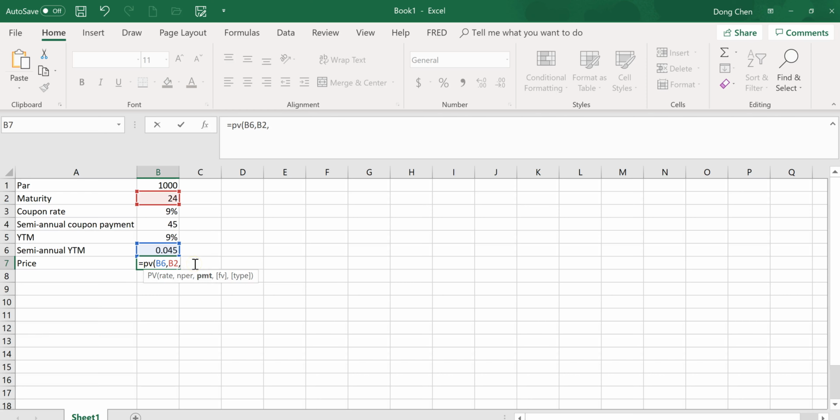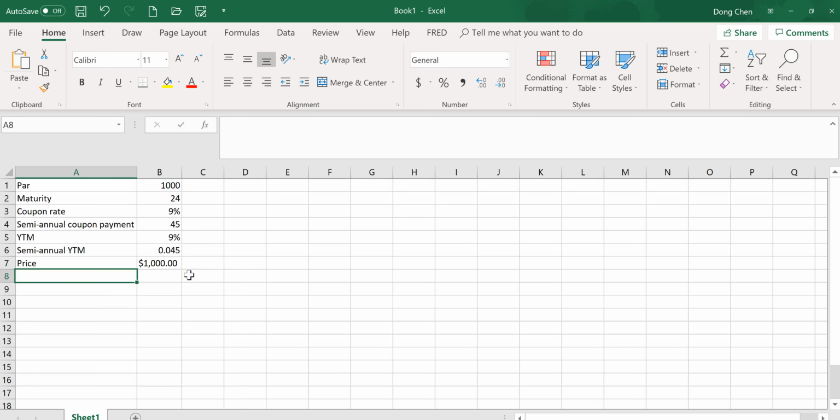So the payment, we can make that the semi-annual coupon payment. Finally, the future value here is simply the par value. Again, if we want the present value to be positive, we need to make the future value negative. So negative par value.